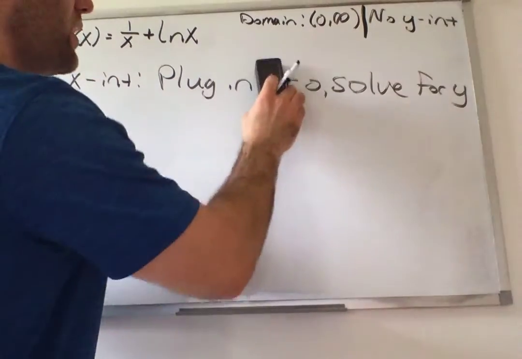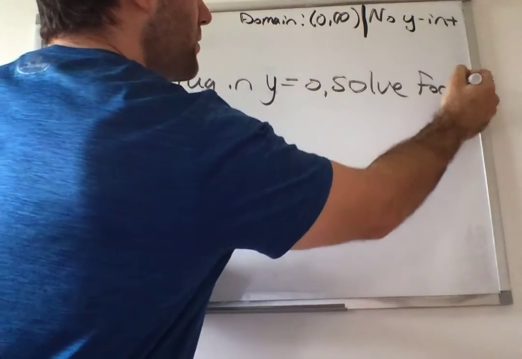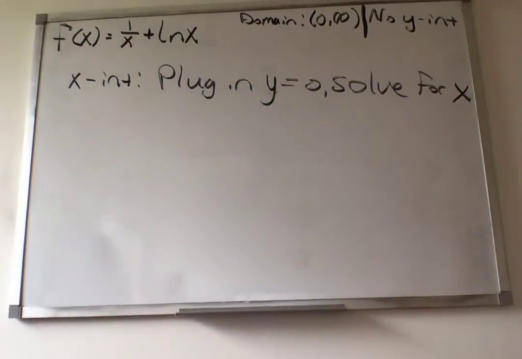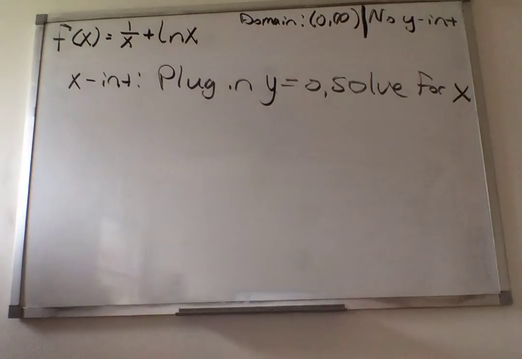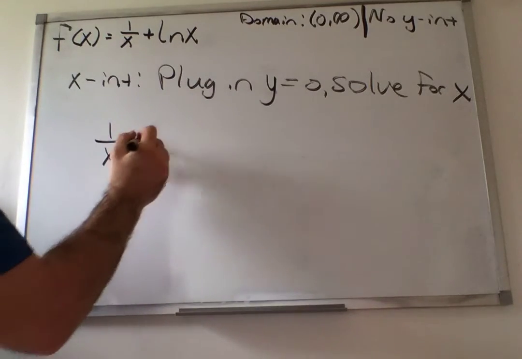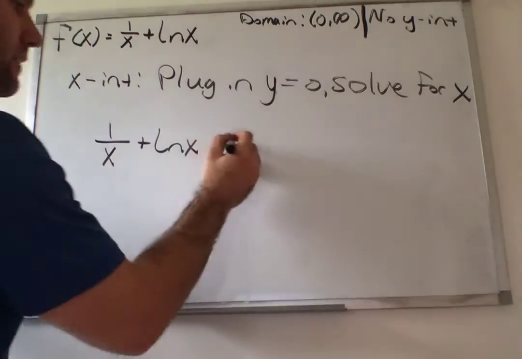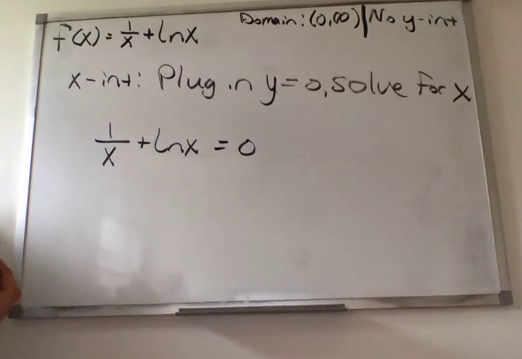Now let's talk about the x-intercepts. For x-intercepts, you plug in y equals 0 and solve for x, if possible. Let's go ahead and set this function equal to 0, because that's what that's saying. Now we just got to solve.